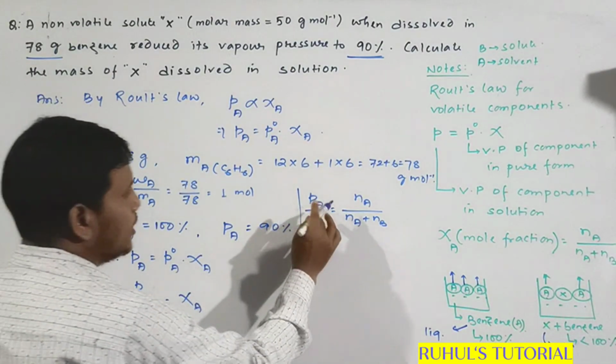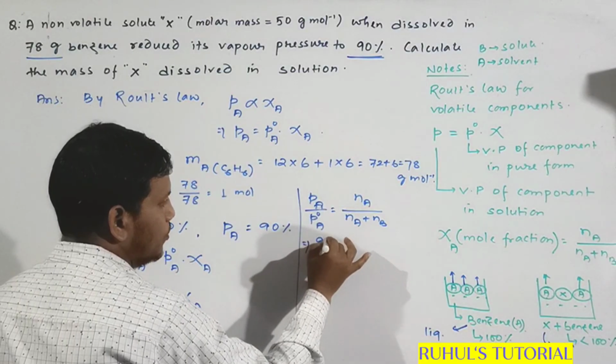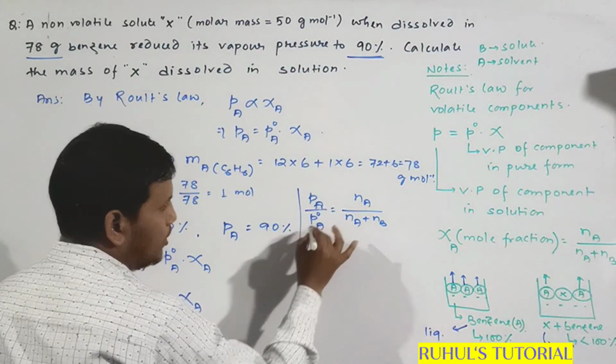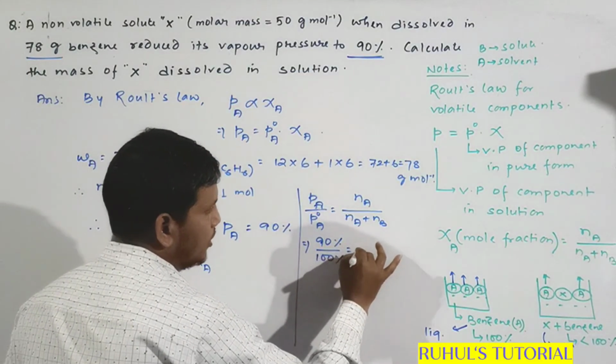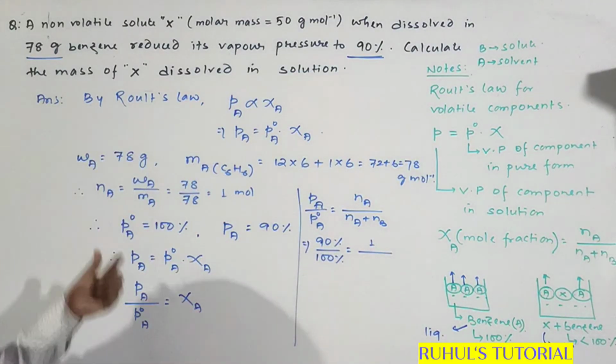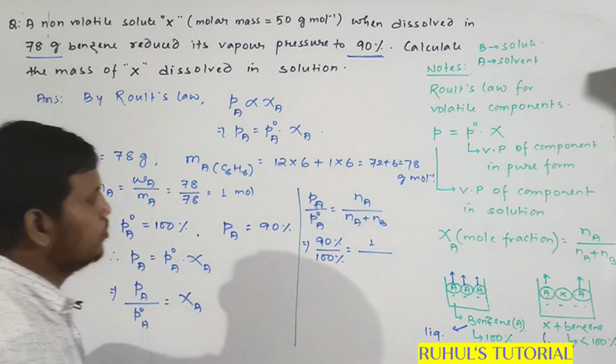PA is given as 90, the vapor pressure reduced to 90. P naught A in pure form, let us suppose, is 100. Na is 1, as we found the moles of A, the moles of benzene.